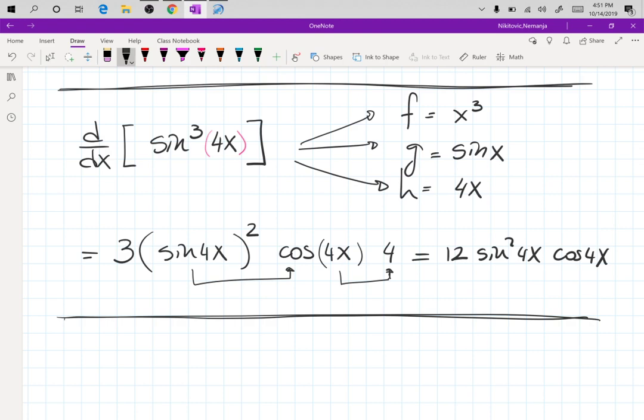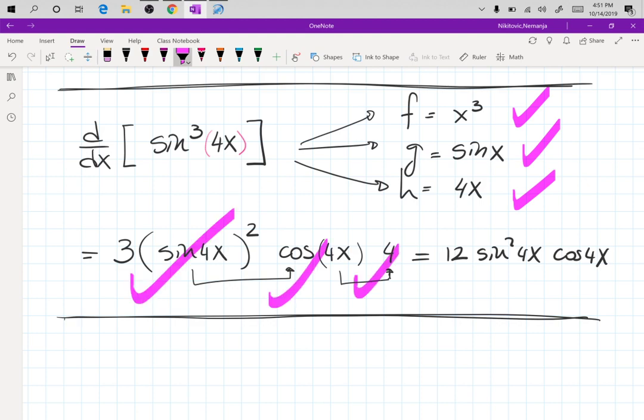Now, my hope is that you are going to spot 1, 2, 3, 1, 2, 3. That's very important. The number of derivatives will match the number of functions that you have. So if you have 3 nested, you have 3 derivatives on the bottom.